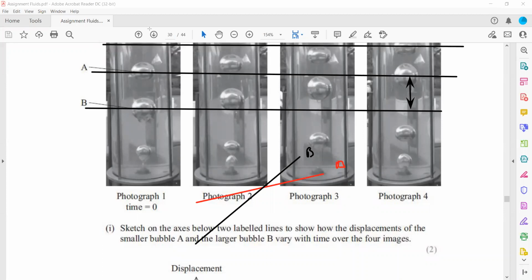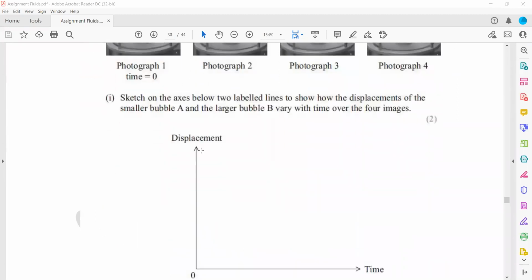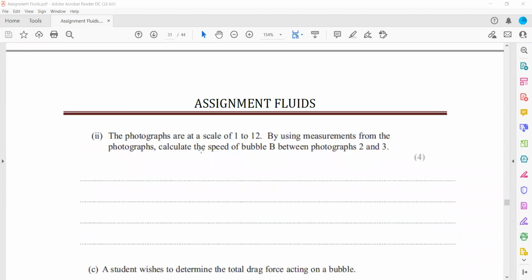When you measure this, it will appear smaller than the displacement of B. That's why when I finish the two graphs, B finishes above A, because it covered greater displacement. And why the steeper slope? Because B is traveling faster as it covered a greater distance in the same time interval.